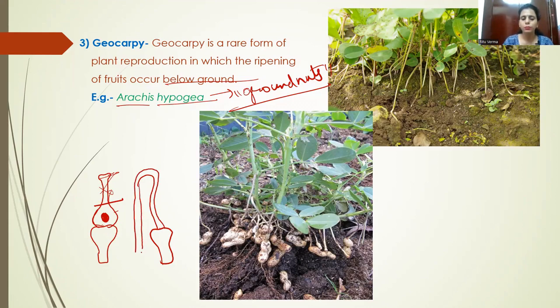The tip of this tube carries the fertilized ovum and goes and touches the soil. It carries the fertilized ovum inside the soil, and there it changes into fruits. That is the reason groundnuts are obtained from under the soil.